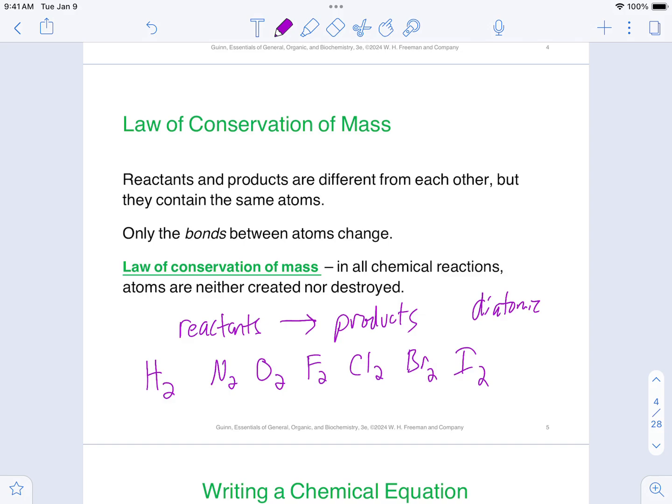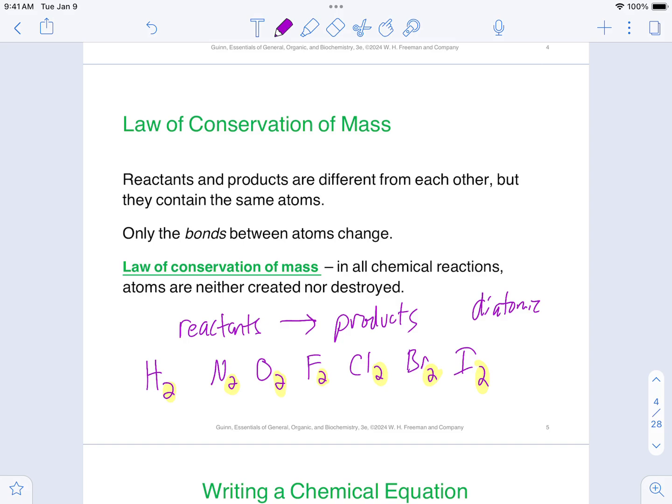Diatomic elements, when they are by themselves in a chemical reaction, appear with a little number 2 next to them. I'm not going to get into why they are diatomic or what that means. All you need to know is that if hydrogen or any of those elements are by themselves in an equation, there needs to be a 2 next to them. They cannot exist by themselves.